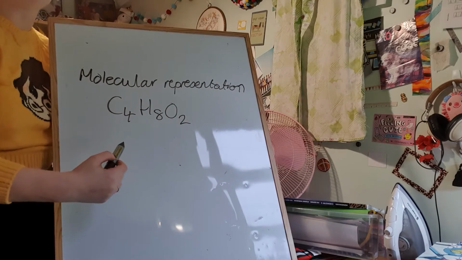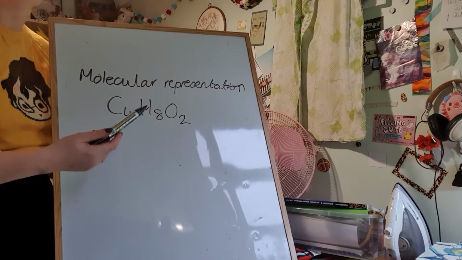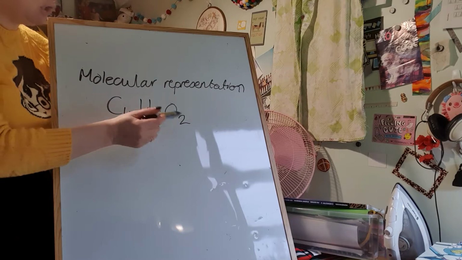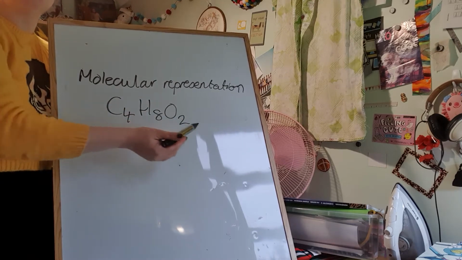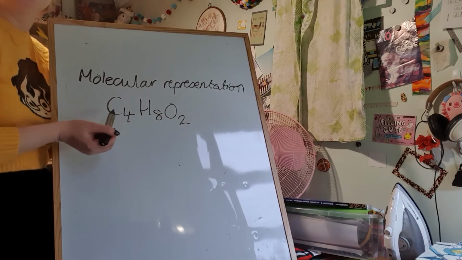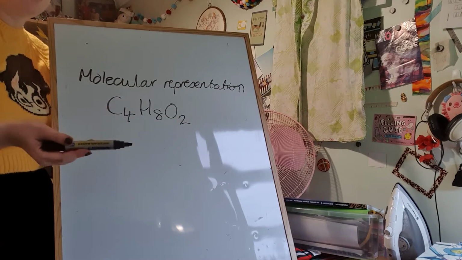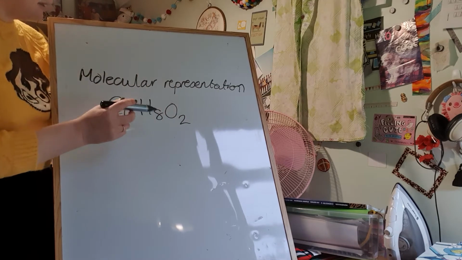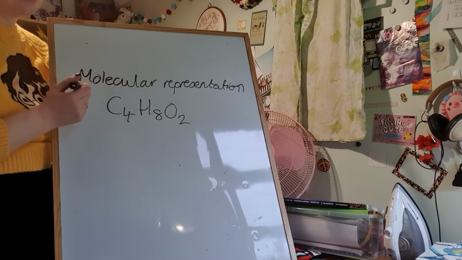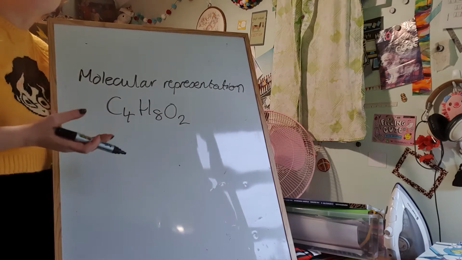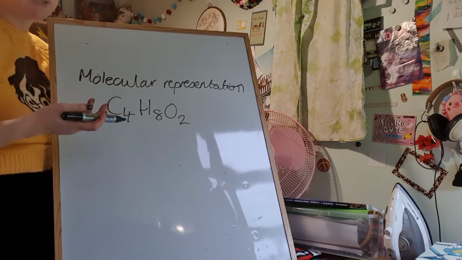Good for working out the molar mass, good for maybe having a vague idea of what kind of thing it is, but you don't know what the arrangement is, and I bet if I gave you this, you could all think of something different for how we arranged it. So that's just our molecular arrangement. I've written not useful. It is kind of useful, but it doesn't tell us the whole detail.